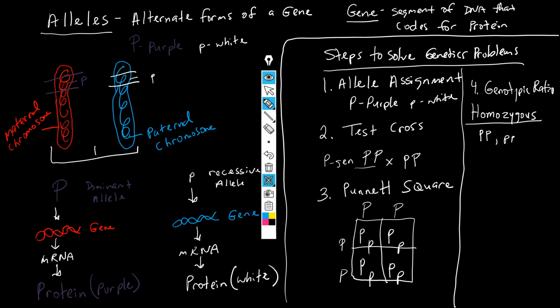Now, there are some other terms that go along with homozygous. You might hear this referred to as true breeding. You may also hear a homozygous genotype referred to as purebred, or they may simply call it recessive, okay?